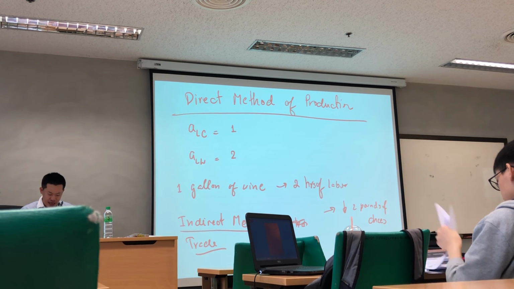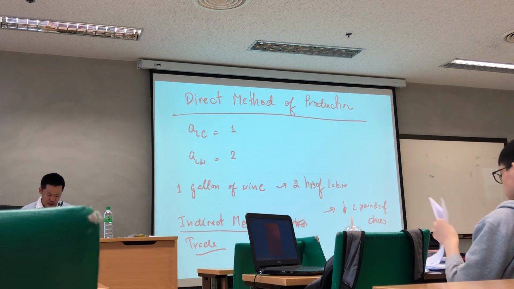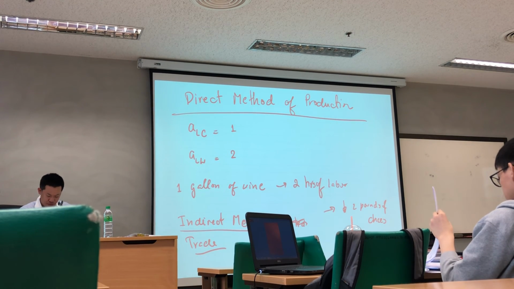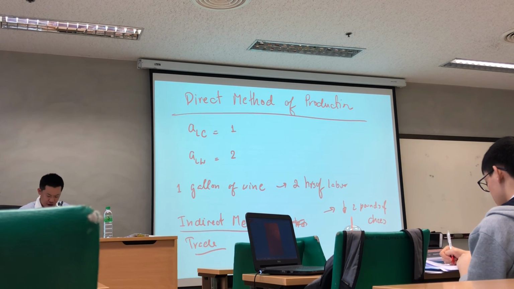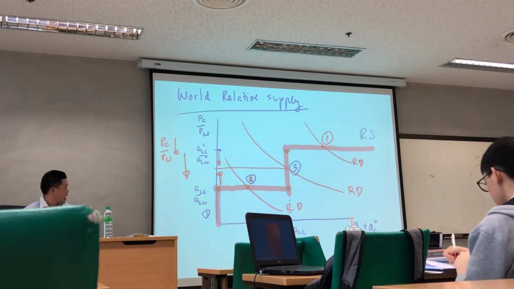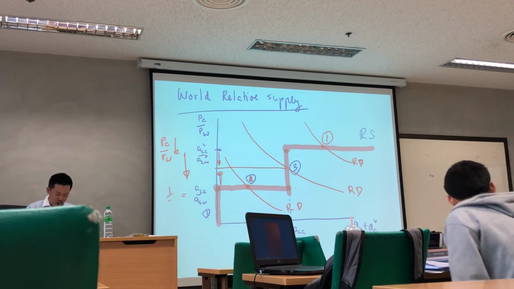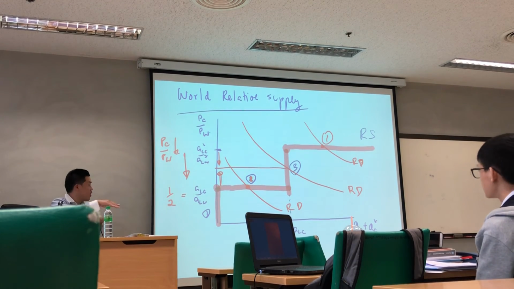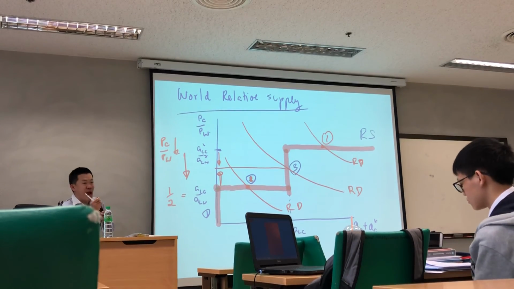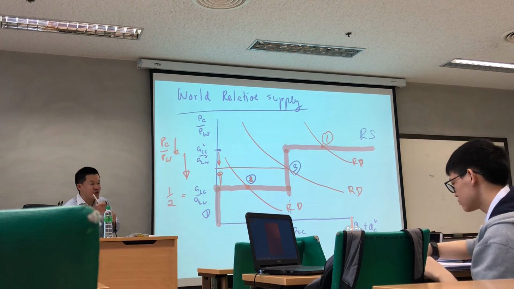This 1 over 2 is the relative price of home before trade.